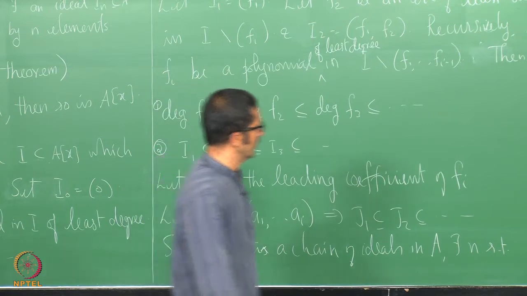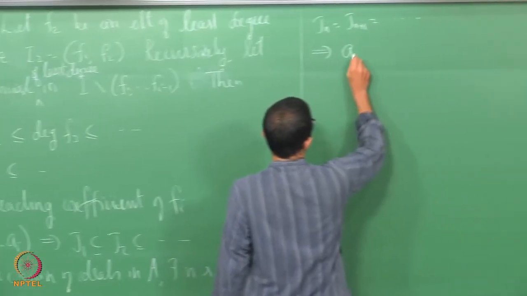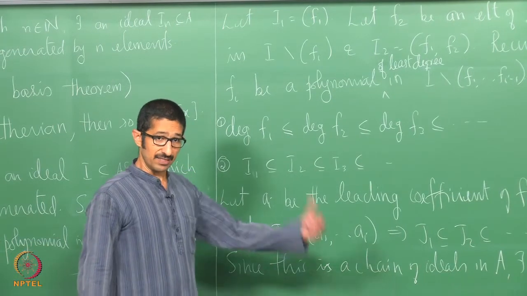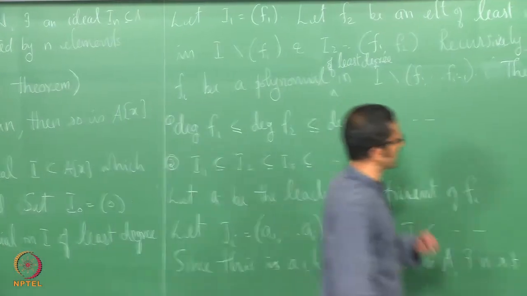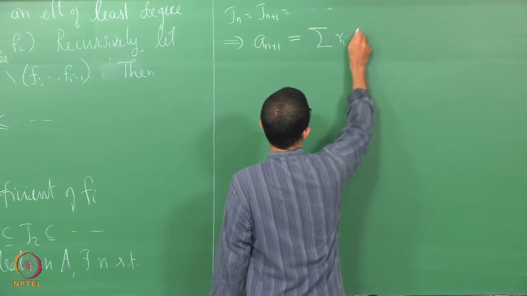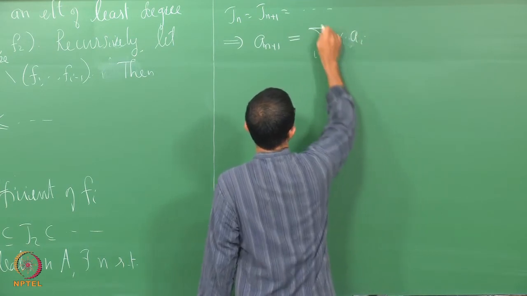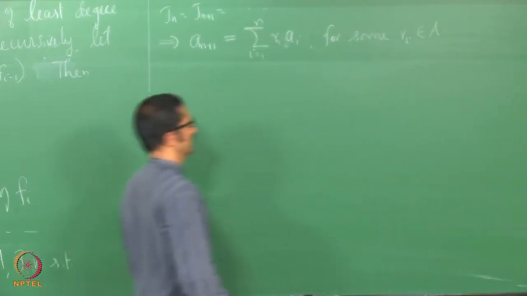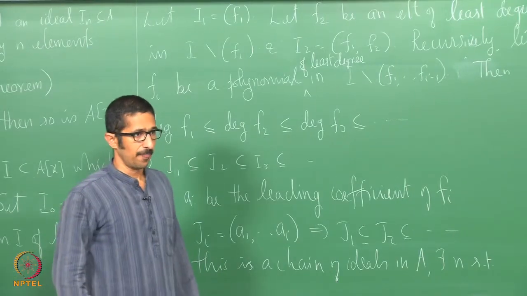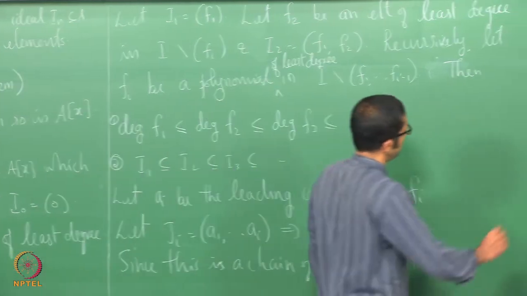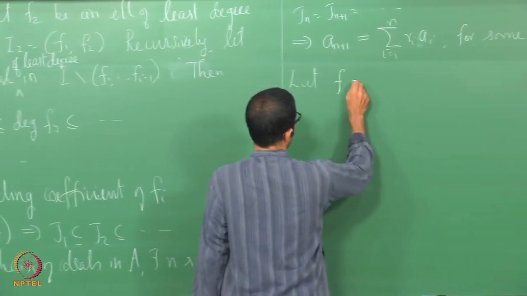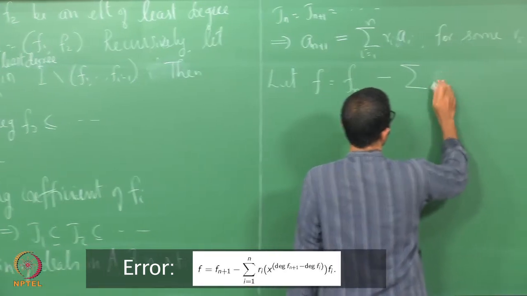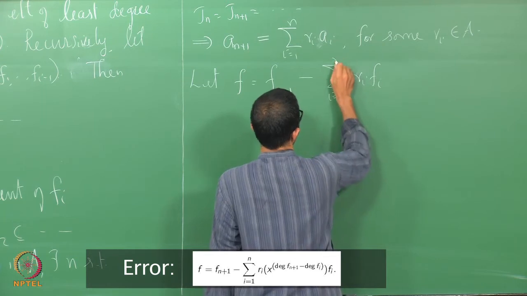Which means that this element a_{n+1}, which is the leading coefficient of f_{n+1}, belongs to J_n, or in other words I can write this as the summation of r_i a_i from 1 to n for some r_i in A. Now, let f be equal to f_{n+1} minus the summation of r_i f_i from 1 to n.